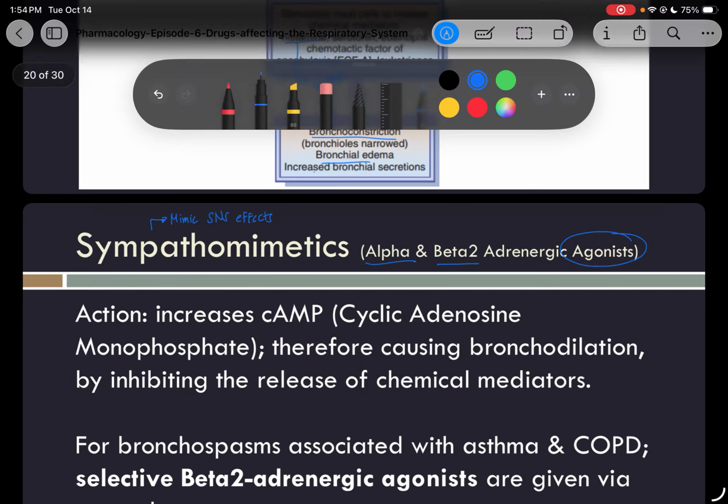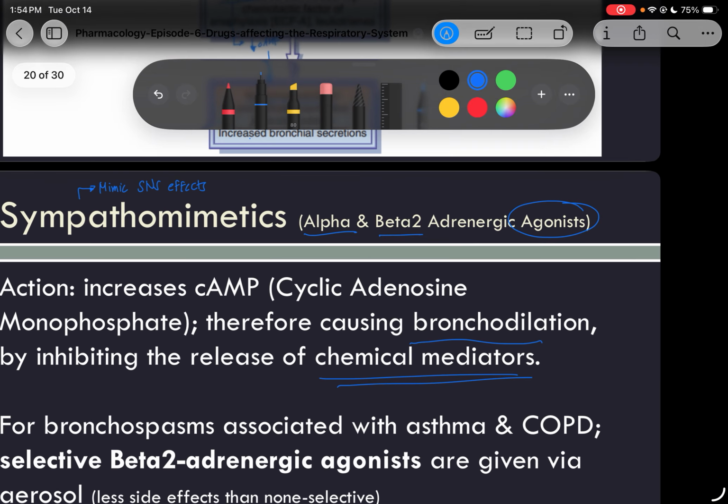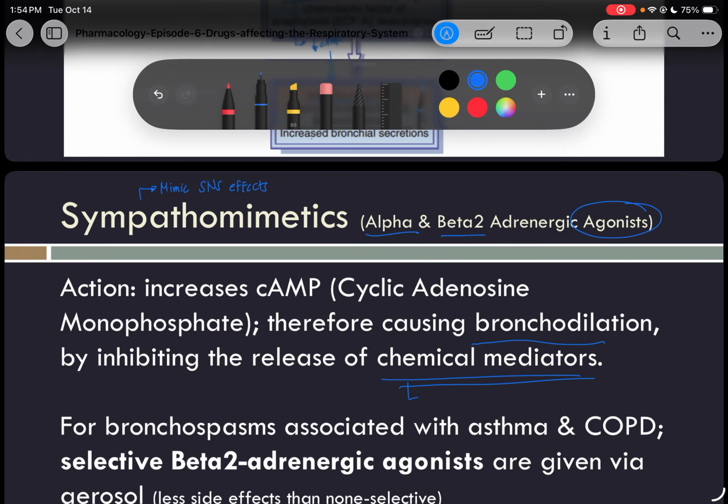The action of our sympathomimetics is that they will increase our cAMP, cyclic adenosine monophosphate, therefore causing bronchodilation by inhibiting the release of chemical mediators. So they will stop the release of what we call histamine.